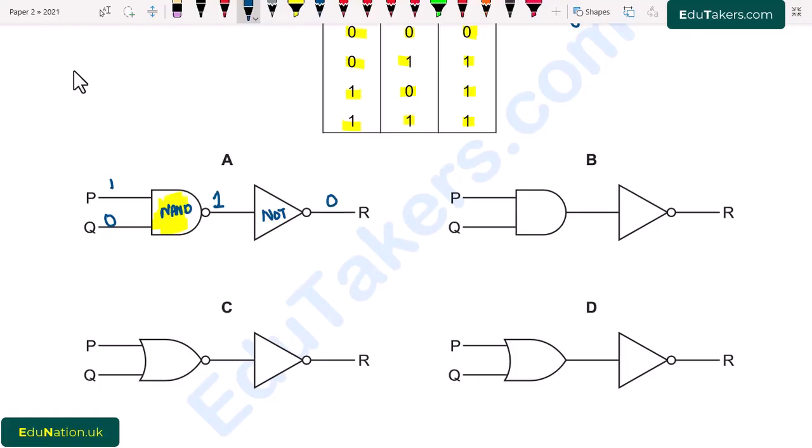Then 1 changes into 0 when I apply NOT gate over it. It means that when inputs are 1 and 0, which is given by the third combination, then our output is 0, but here it is 1. So this option is incorrect.